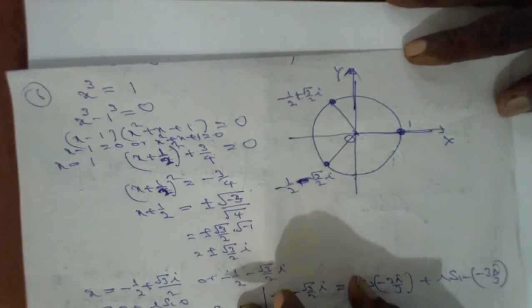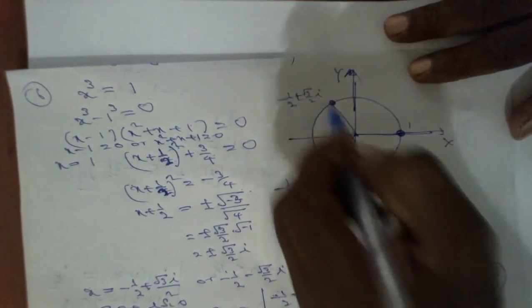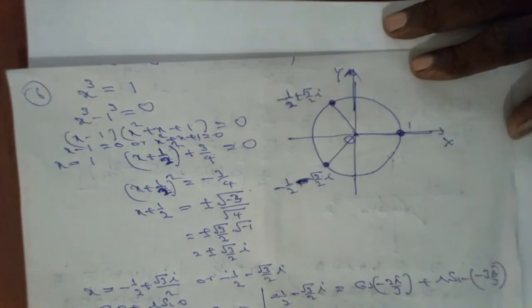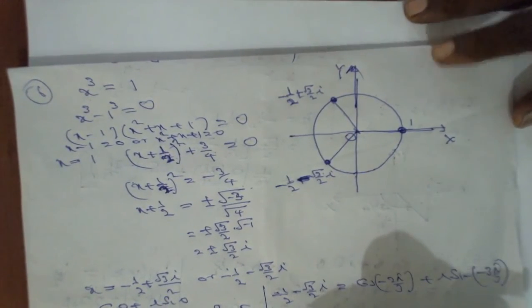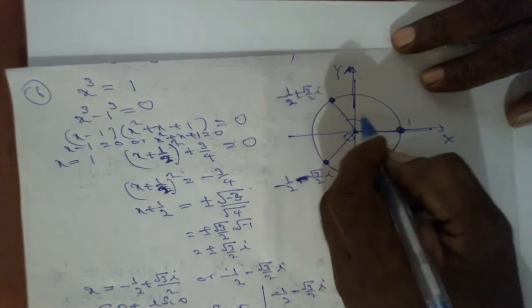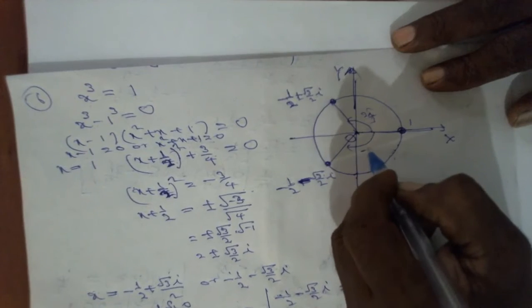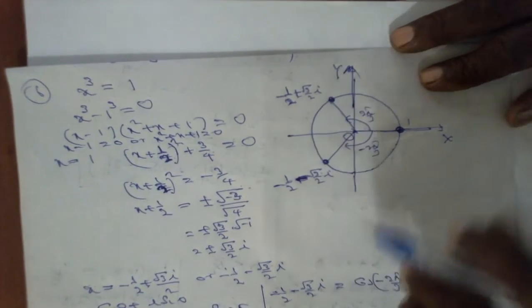On the unit circle, you can mark these three roots like this. This is 2 pi by 3, and this angle is minus 2 pi by 3. Okay.